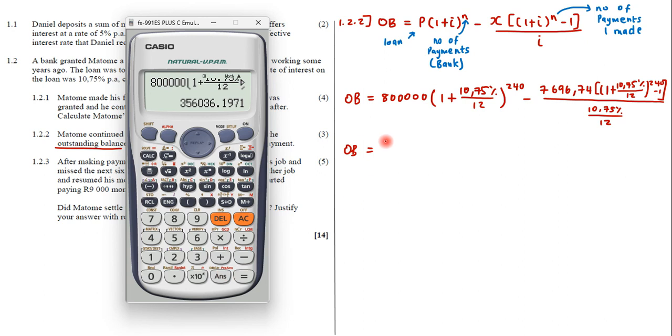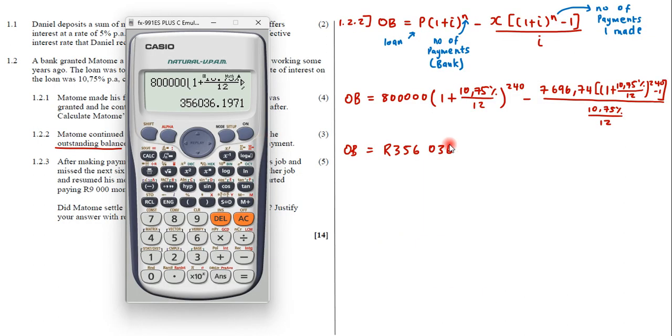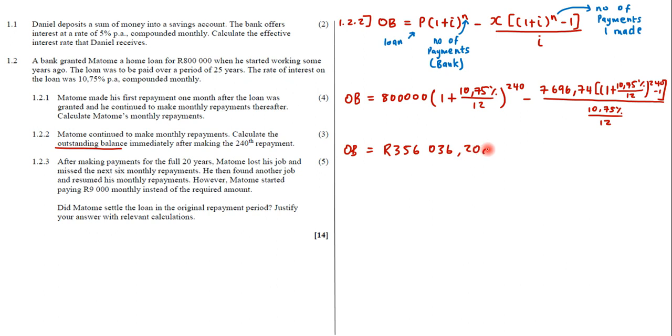So this gives me 356,036, if I'm not mistaken. Let me just double check. Yes, 356,036.20. All right, so this is the outstanding balance now.